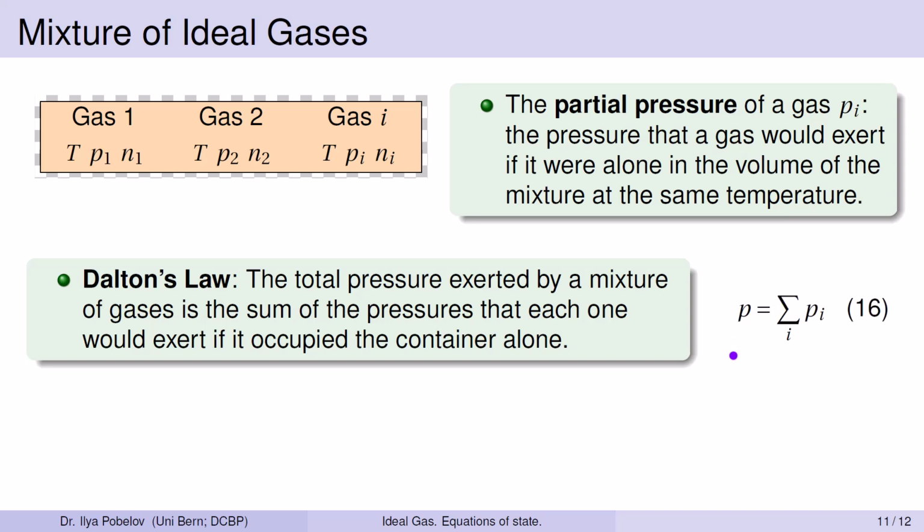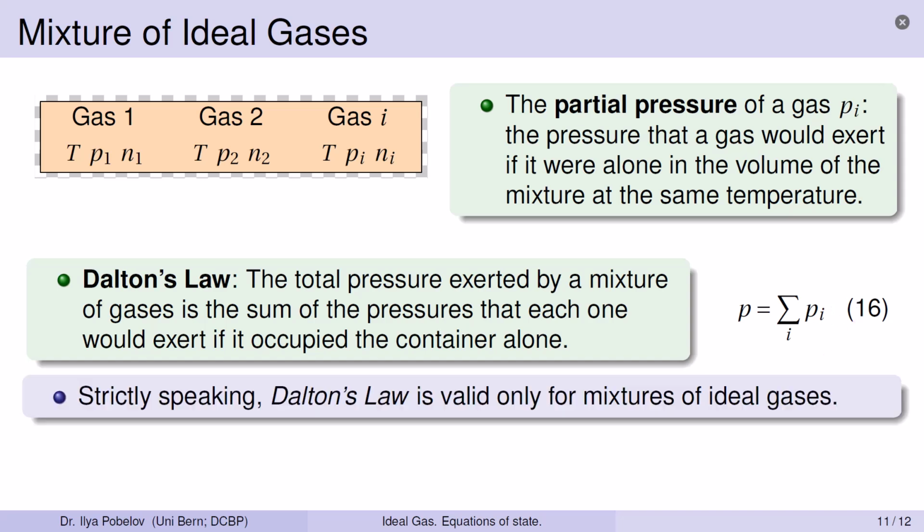Mathematically, we can write it as the total pressure P is equal to the sum over all i of the partial pressures P_i. Strictly speaking, this law is valid only for mixtures of ideal gases. A significant interaction between molecules of different real gases can change the pressure exerted by them substantially.